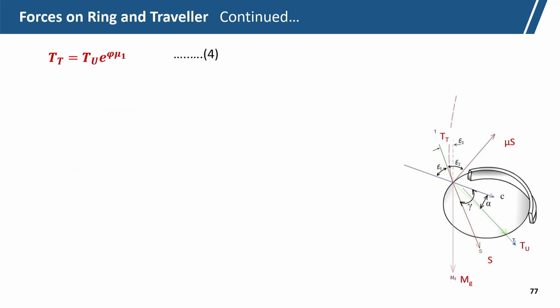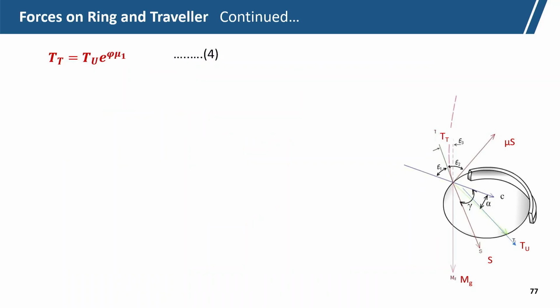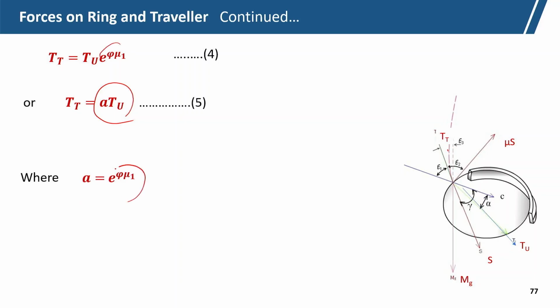Now, from this equation number 4, what we can get here is T t equal to A T u, where A is e to the power phi mu 1.